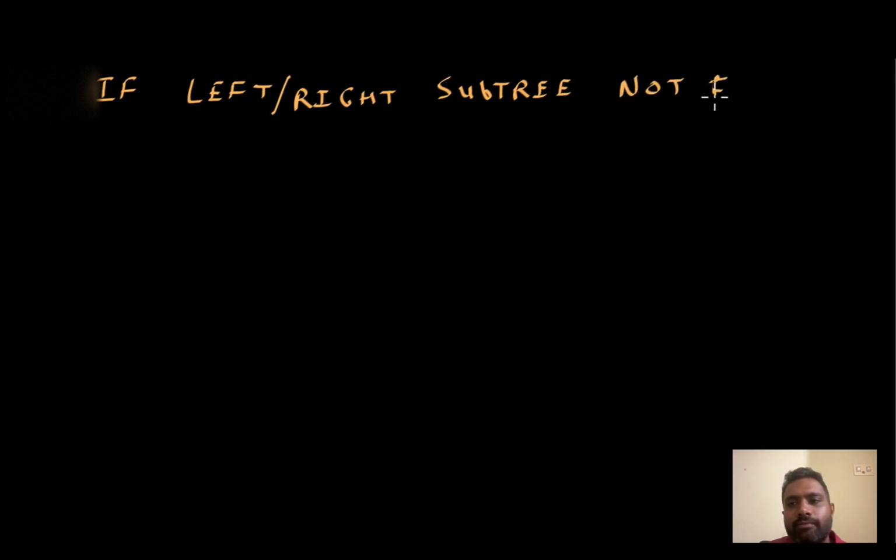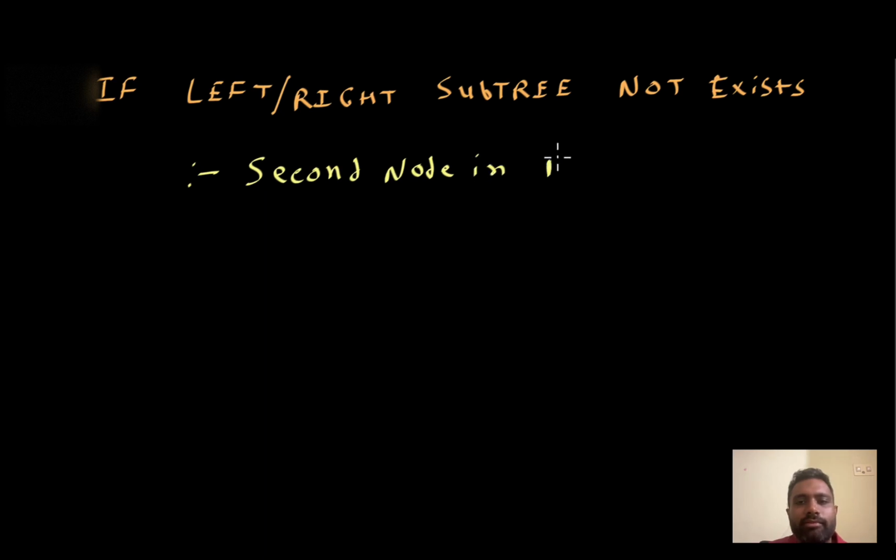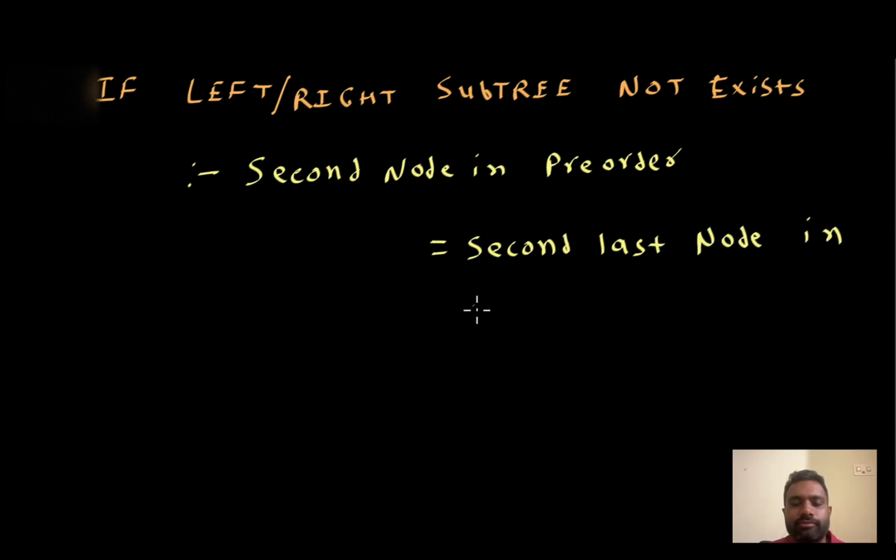If the left or right subtree does not exist, then the second node in pre-order will be equal to the second last node in post-order, and either of the two cases happens.